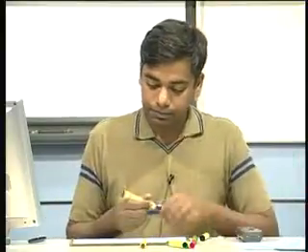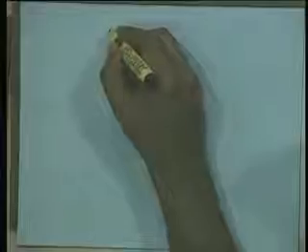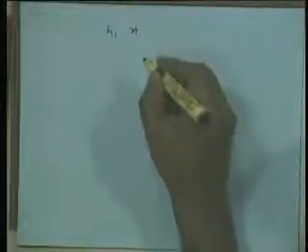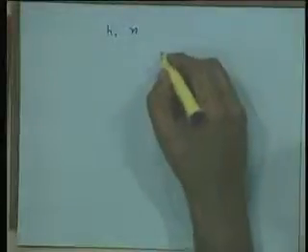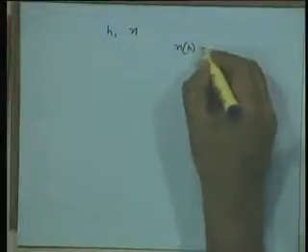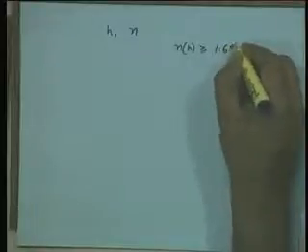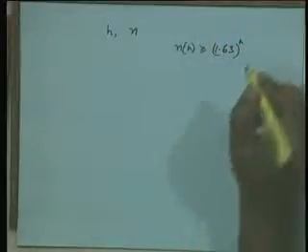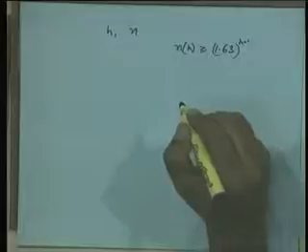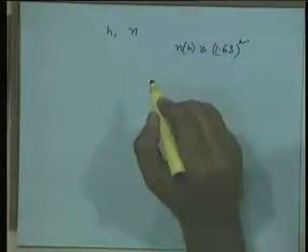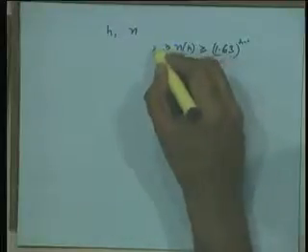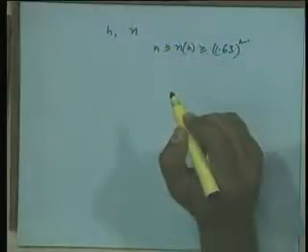I take a tree of height h and n nodes. We have just seen that n of h is greater than or equal to 1.63 to the h minus 1. That is what we saw just now. This is the tree with the smallest possible number of nodes. So n is going to be only larger than this.